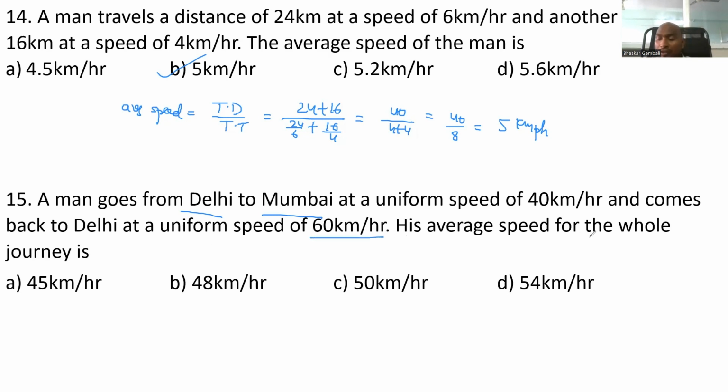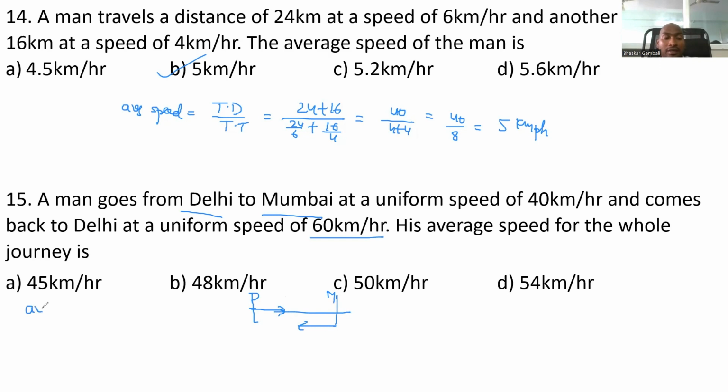His average speed for the whole journey is? So going from Delhi to Mumbai and returning back. We are discussing question number 15. Already I told you this model: going from Delhi to Mumbai with some speed and returning back to Delhi with a different speed.